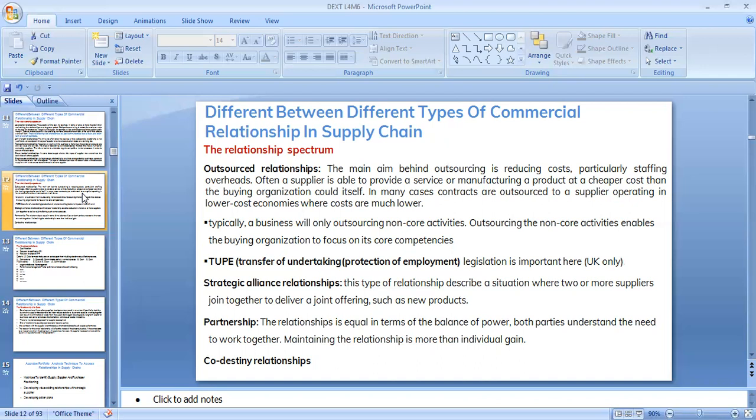So the main aim behind outsourcing is to reduce cost, and also particularly staffing overhead. Often a supplier is able to provide a service or manufacture a product at a cheaper cost than the buying organization could itself.